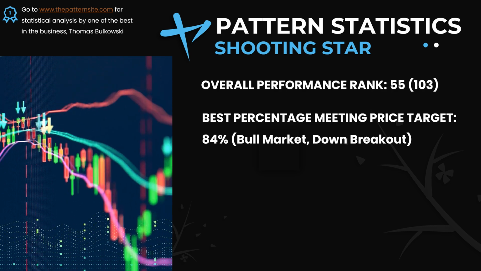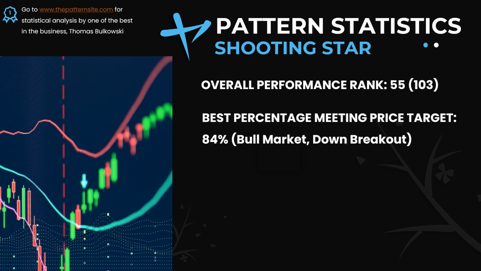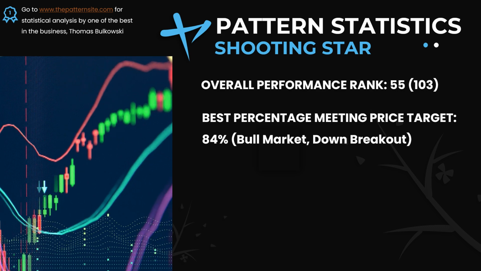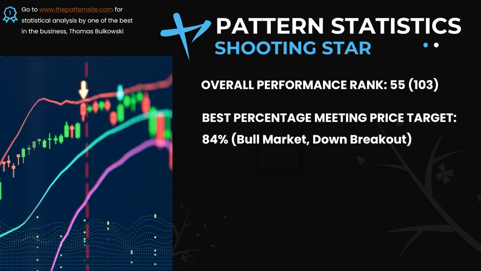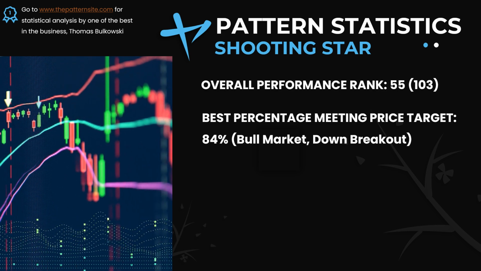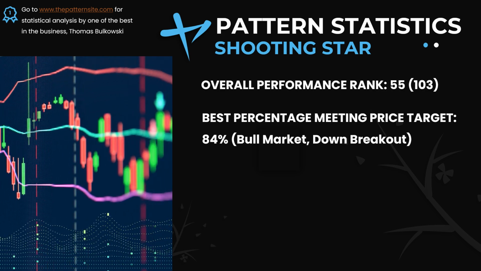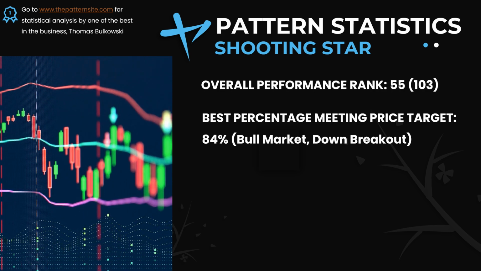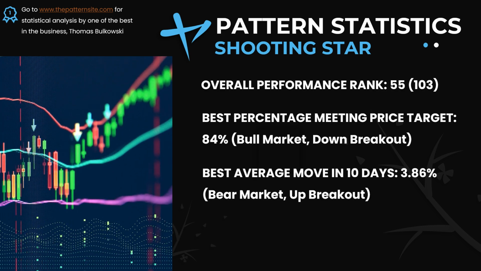So once these do appear after a move to the upside, there's an 84% of the time this will reach its target. Now that's easy to do because remember, what is the price target? It's the measurement of the pattern to the down or the upside. So these patterns, you'll see it here, are pretty tight. They're pretty small, so it doesn't need much to meet its price target.